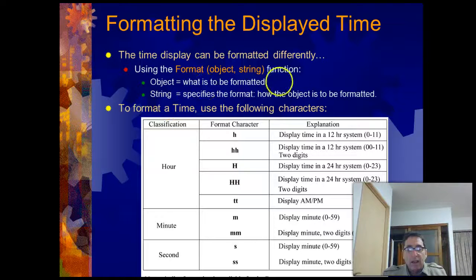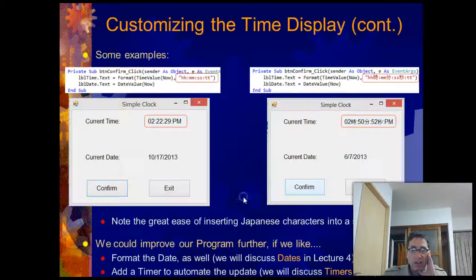So to format a time, use the following characters. Remember that H was display in a 12-hour system, and HH was display in a 12-hour system with always two digits, and so on. We had these different possible format characters, and then here we used it.